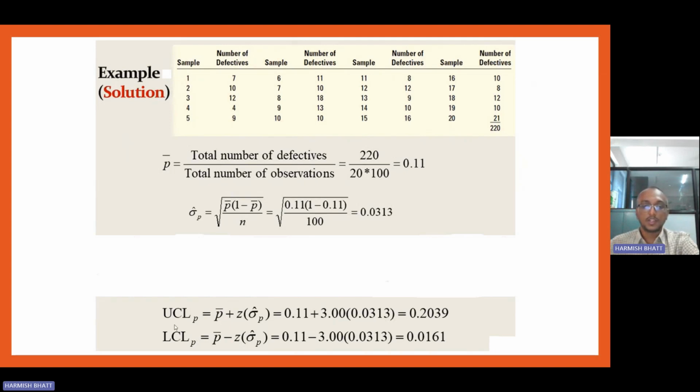The UCL for the P chart is 0.2039 and the LCL is 0.0161. You can see it is a very small number, more than 0 but very near to 0. We are going to plot these values on the chart.